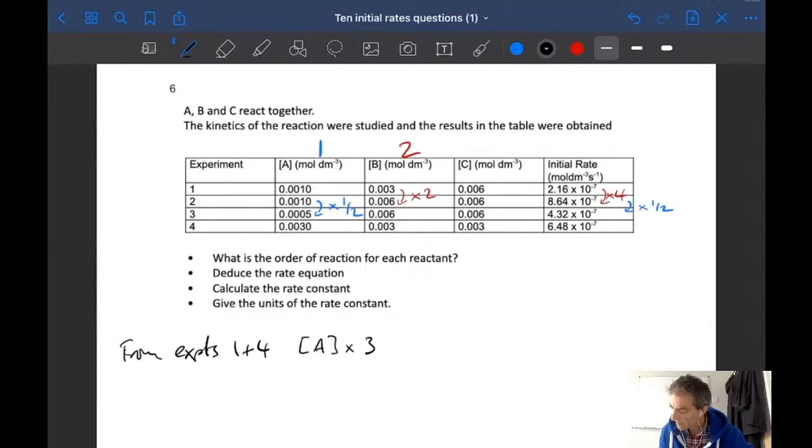We can see that the C concentration has halved, and we can see that the rate has gone up threefold, 2.16 times 10 to the minus 7 up to 6.48 times 10 to the minus 7. That's a threefold increase. And remember, we already know the order with respect to A is 1.